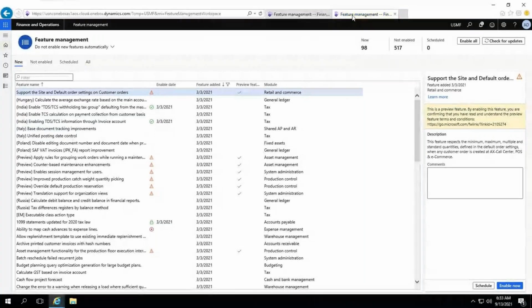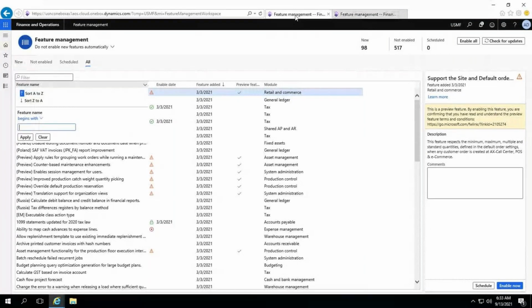Give me a second. You can apply this one, then you will find the module called landed cost.